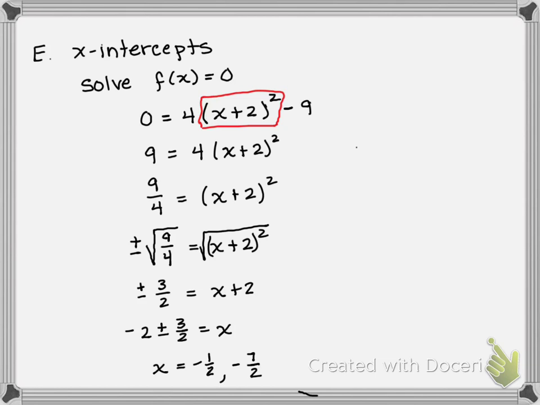And so my x-intercepts are (-1/2, 0) and (-7/2, 0). Good stuff?